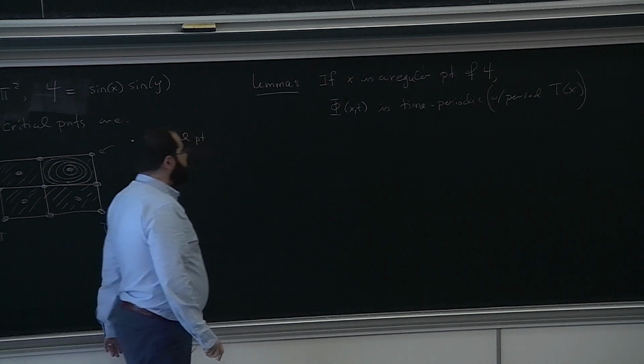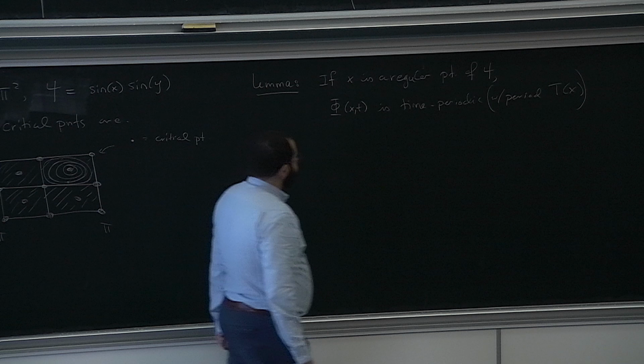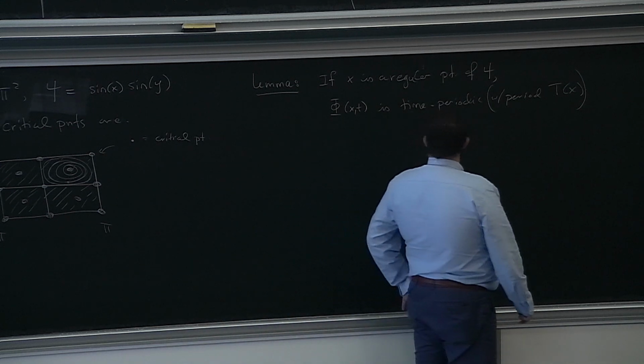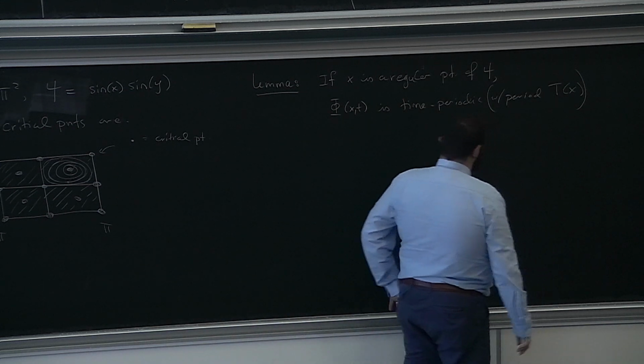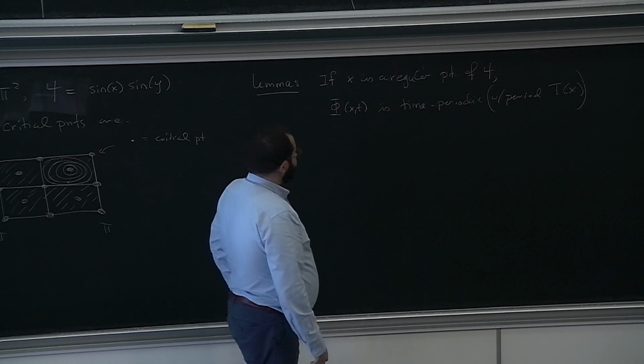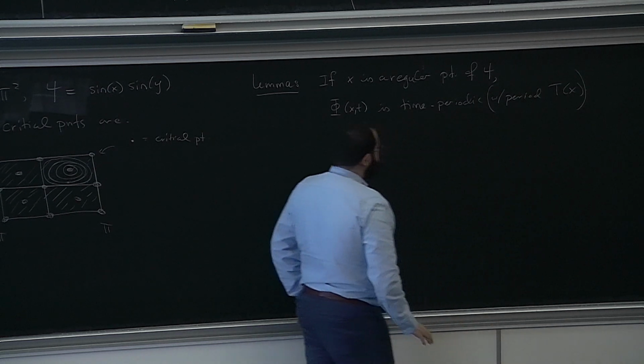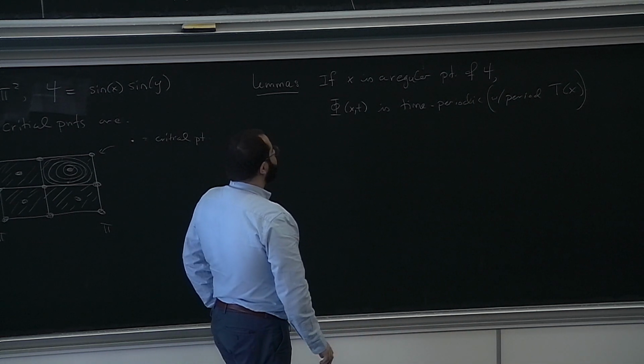Say that again. Okay, good point. So here we should require that we're on a bounded domain. So torus is fine also, but R2 would not be fine.